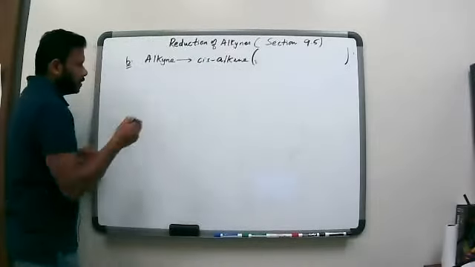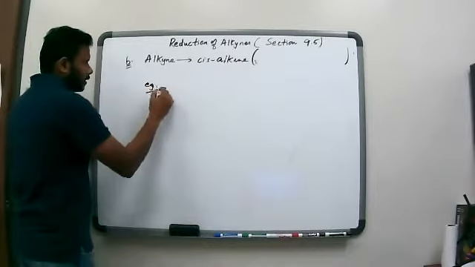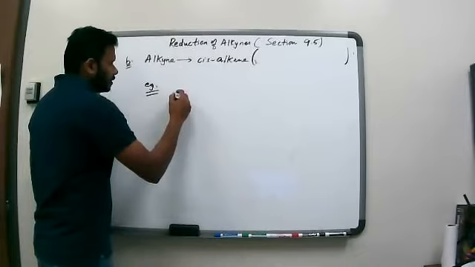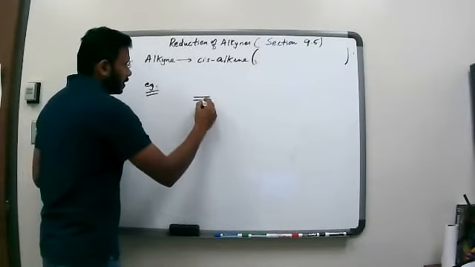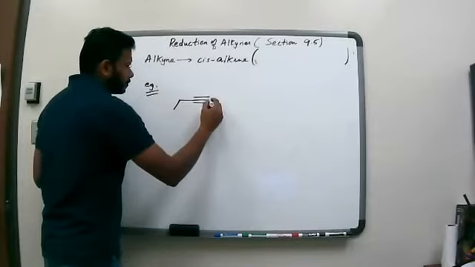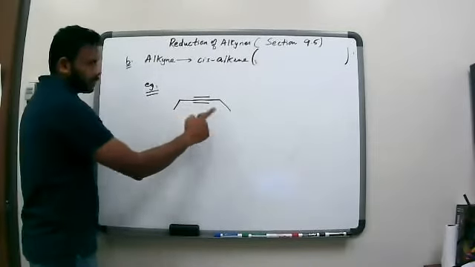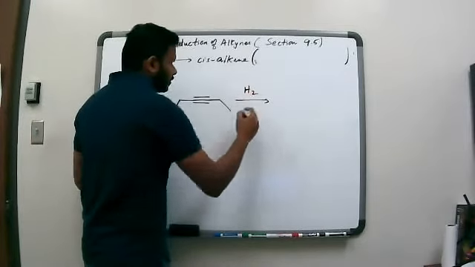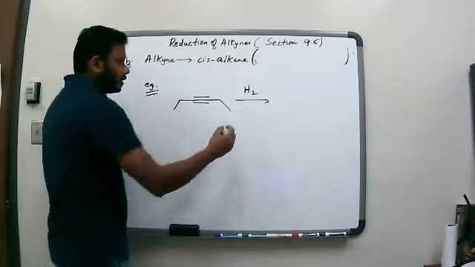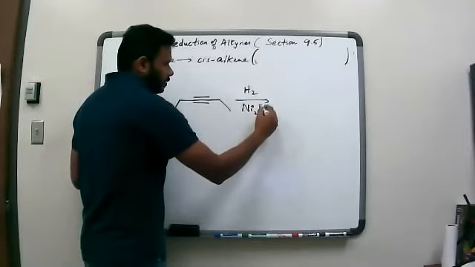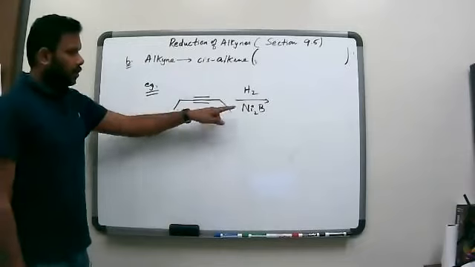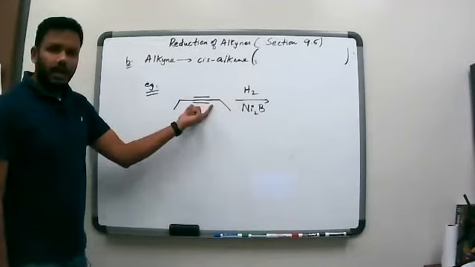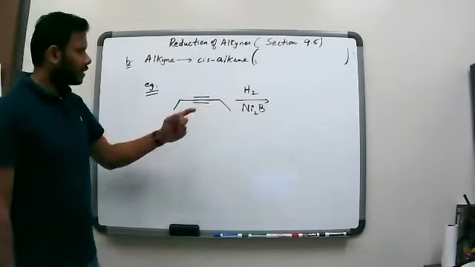So let's look at an example quickly again. These are not that difficult of a reaction. Let's say we have an alkyne which has ethyl groups on both sides, and we treat it with hydrogen and Ni2B, nickel boride, so we're using a poisoned catalyst, and the hydrogens are going to add in a syn fashion to this alkyne.